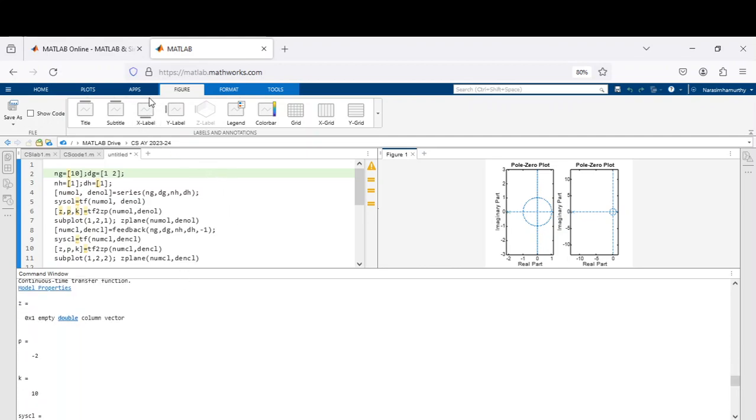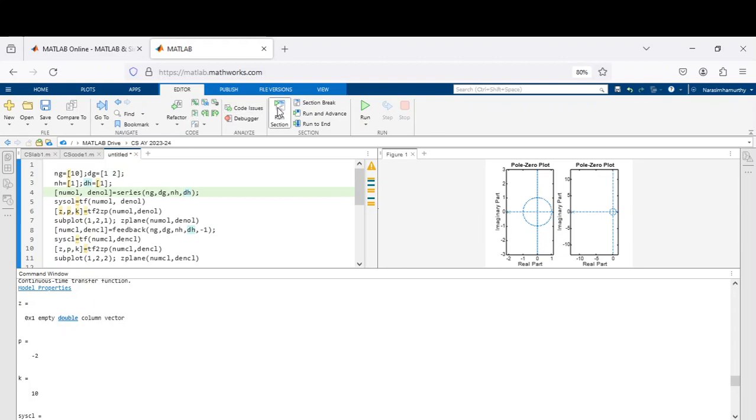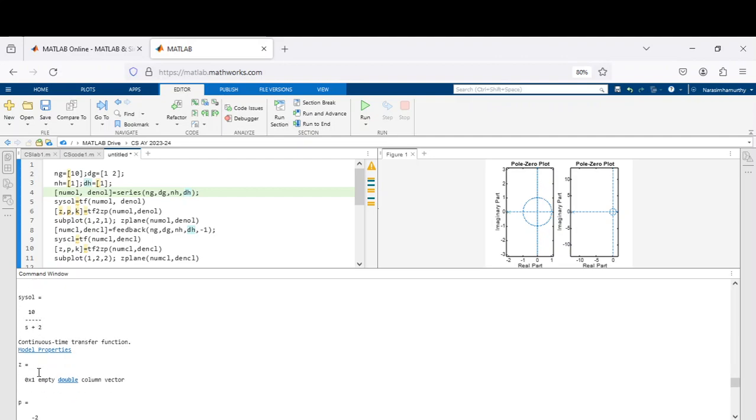Okay, let me run this. If I run this now, system OL has got 10 by s plus 2, which is the open loop transfer function, and the corresponding pole is at minus 2, there is no zero, and the root locus gain is 10.